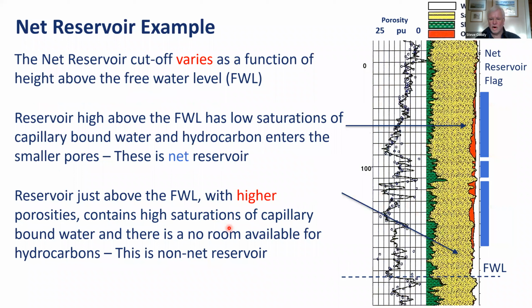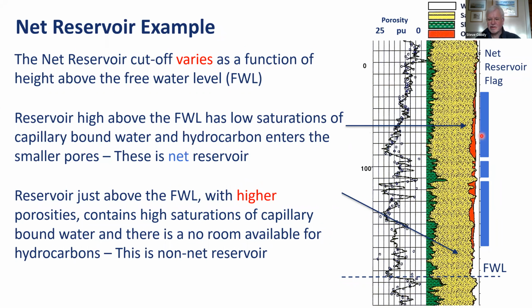We've got a reservoir with varying porosity. We've got the core in dots, and we've got a continuous porosity there. In this reservoir, we've got a much varying shaliness and porosity, but one thing doesn't vary very much, and that is that BVW increases slowly as we go down. At this height, well above the free water level, we've got low saturations of capillary bound water, and the hydrocarbon enters the smaller pores.